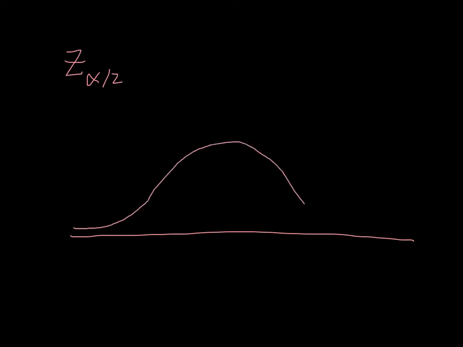All right, let's look at this z-score of alpha divided by 2. Let's explore what that means. That comes from the normal distribution. Let's say I have a normal distribution here, and I'm going to build a 95% confidence interval.